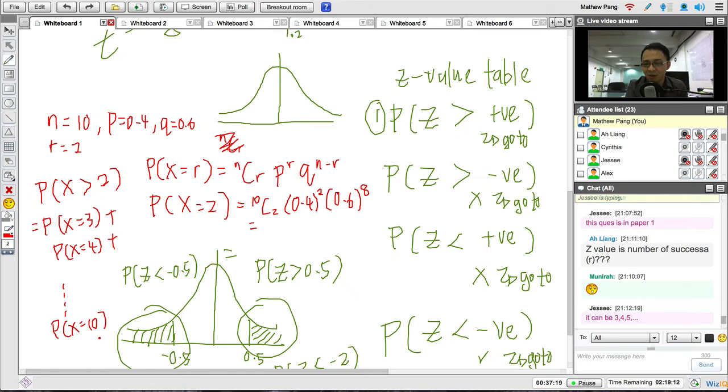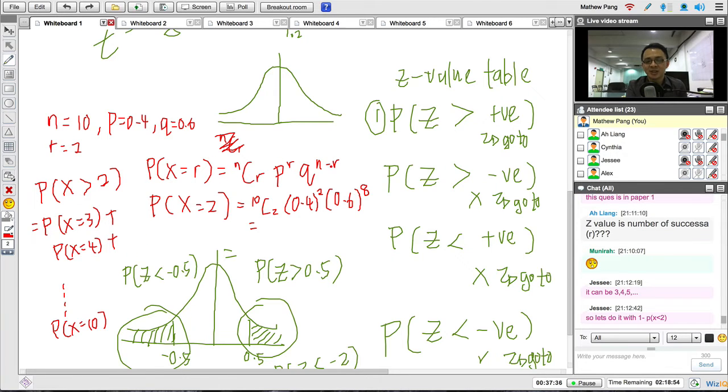You have to add all of them, from 3, 4, 5, 6, 7, 8, 9, 10. In this example, you do not need to use Z value either, because you can straight away find the value.